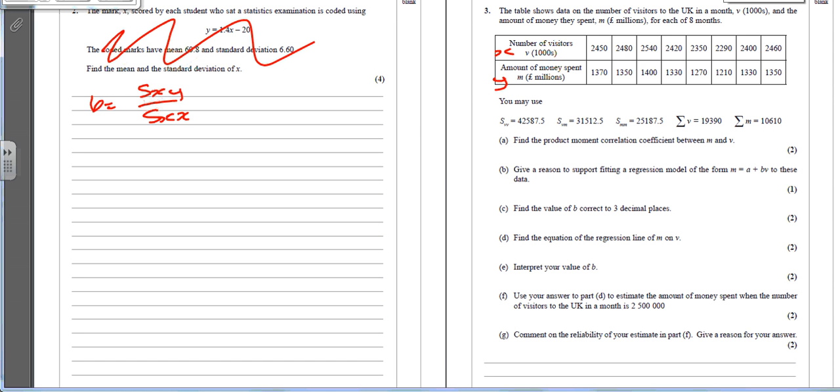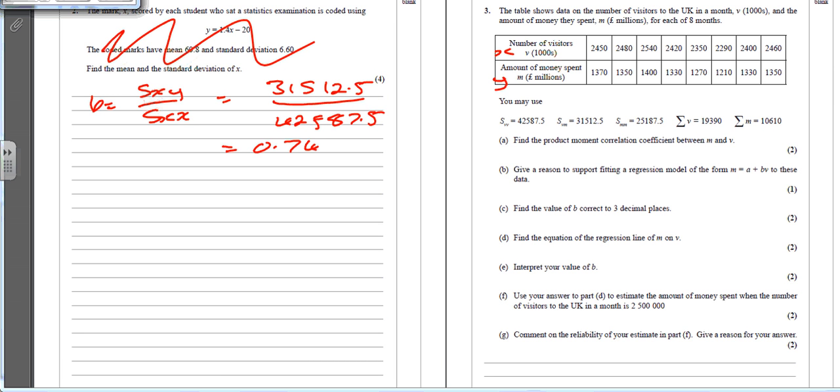So it's going to be 31512.5 divided by sxx. sxx in this case is SVV, which is 42587.5, and doing so gives us 0.740. Again, 3 significant figures.